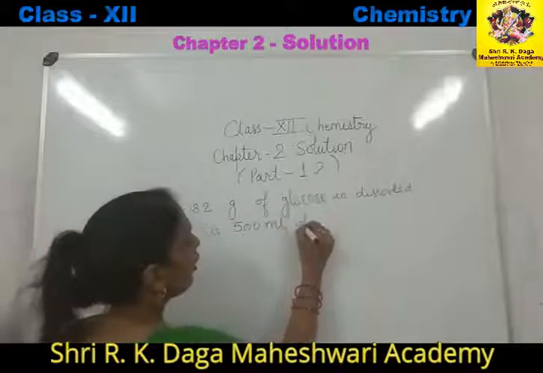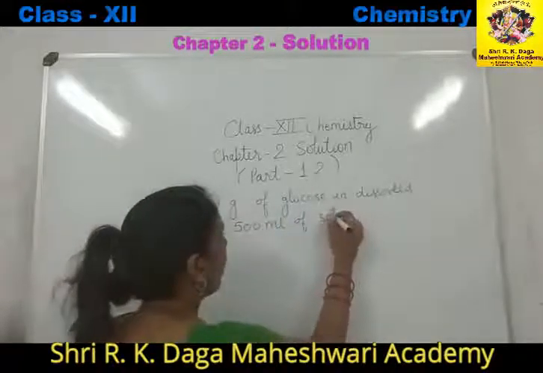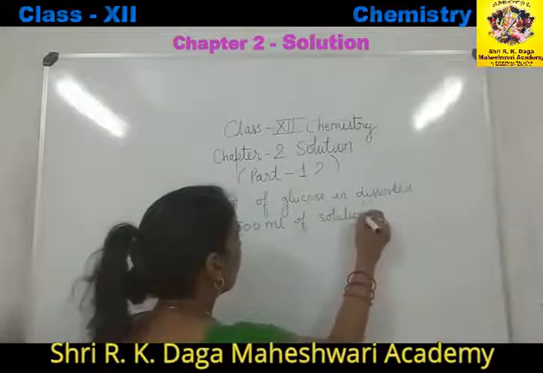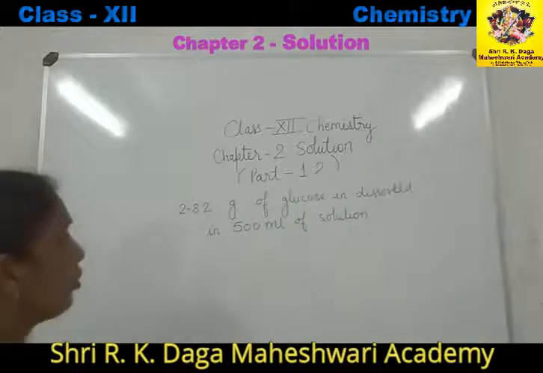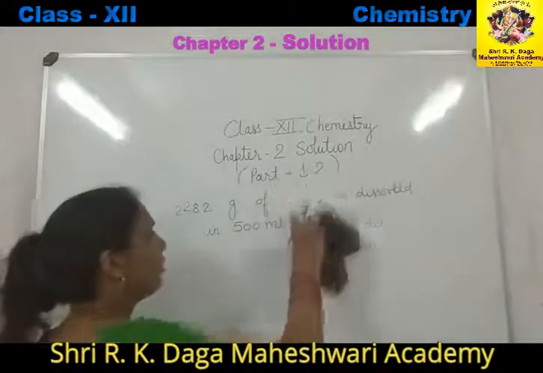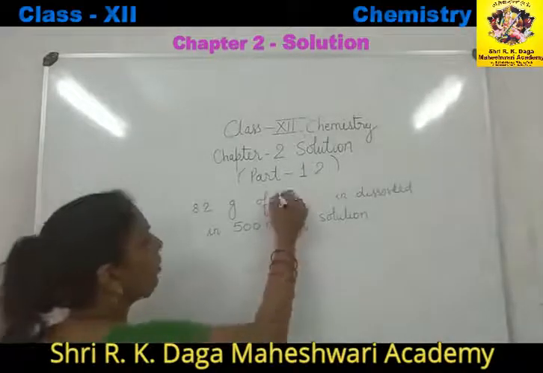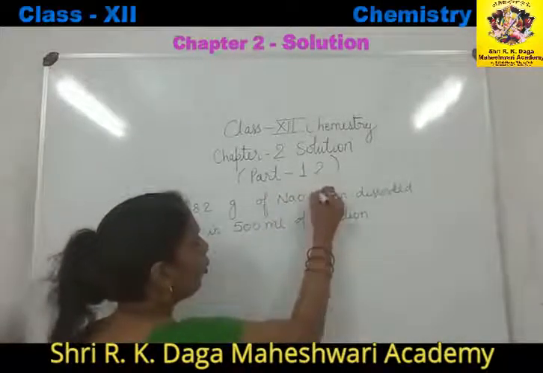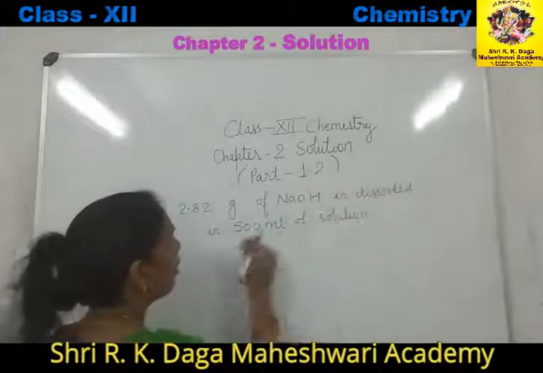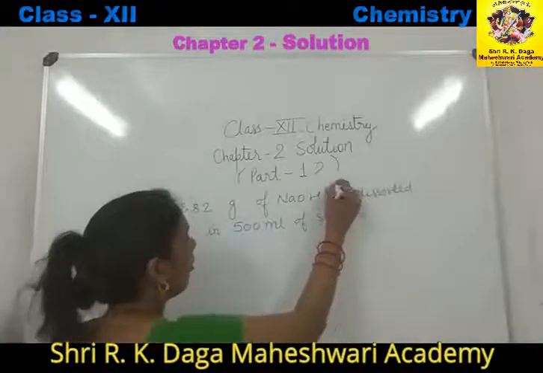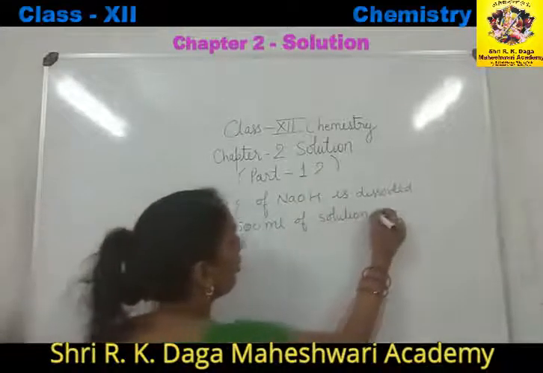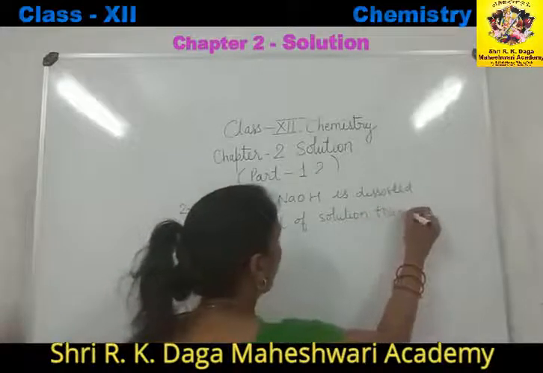Calculate the normality of the solution. Instead of glucose, we take NaOH here. 2.82 gram of NaOH dissolved in 500 milliliter of solution. Then what is the normality of solution?